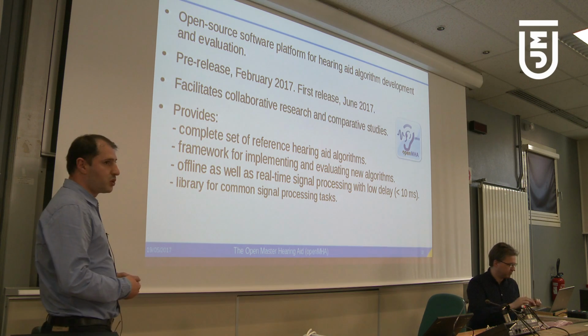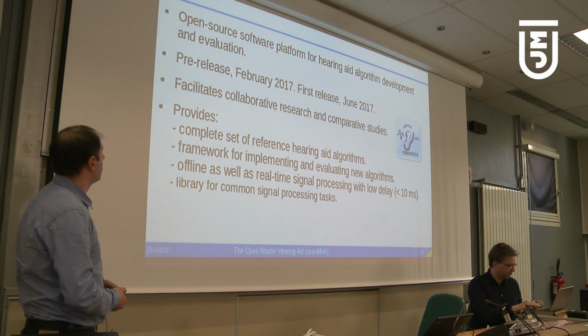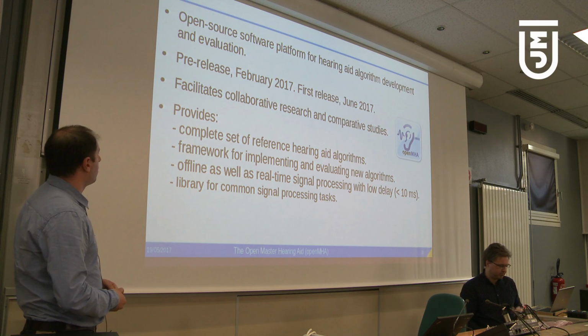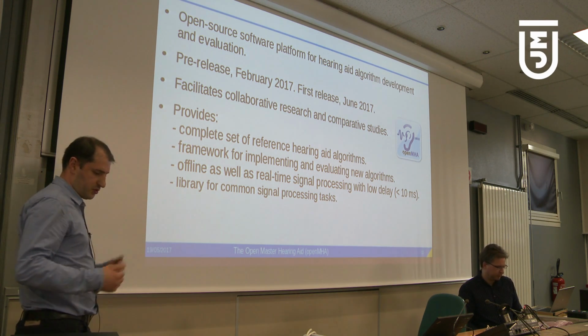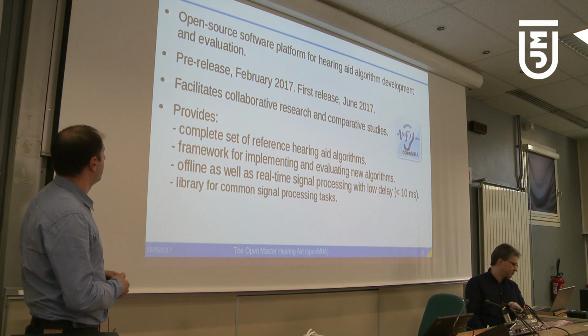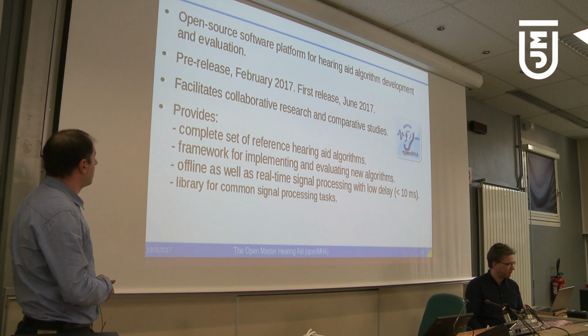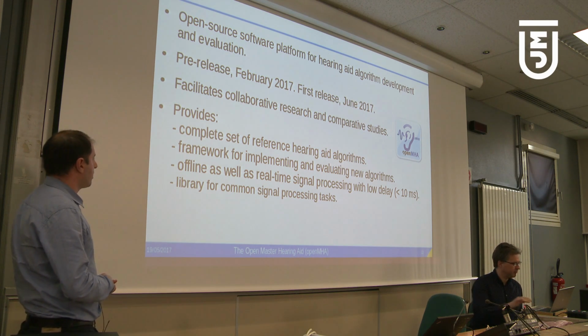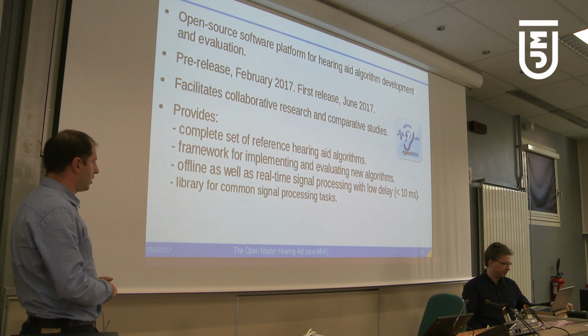So providing open tools facilitates collaborative research. So what we provide in order to facilitate this with this platform is a complete set of reference hearing aid algorithms. We also provide a framework for easy implementation and evaluation of new algorithms.